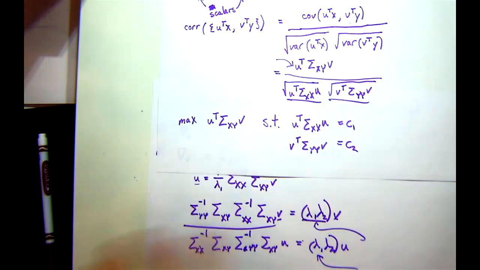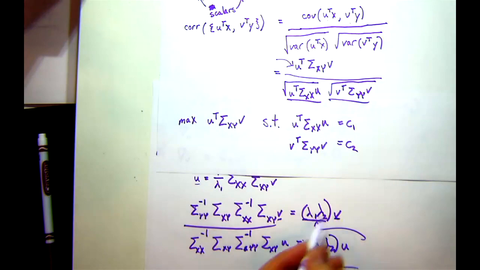In the end, what we get is some v and some u, and the set of eigenvalues associated with those. We don't care what those lambdas are. All we care is that they're ordered. So we're going to select some number of v and u, some number of eigenvalues, and use those as our transformations.